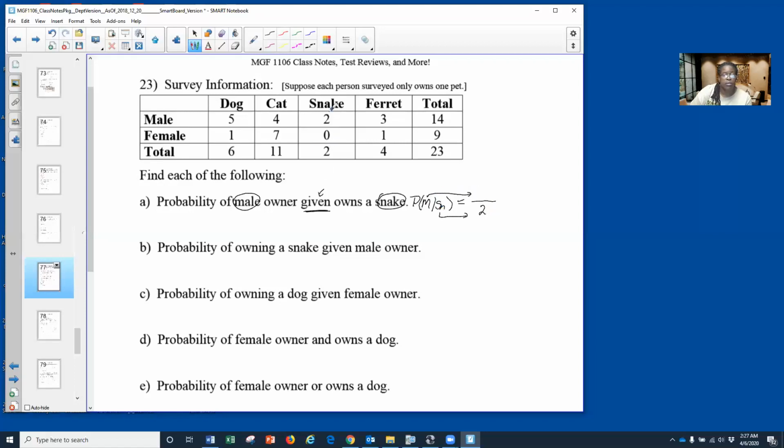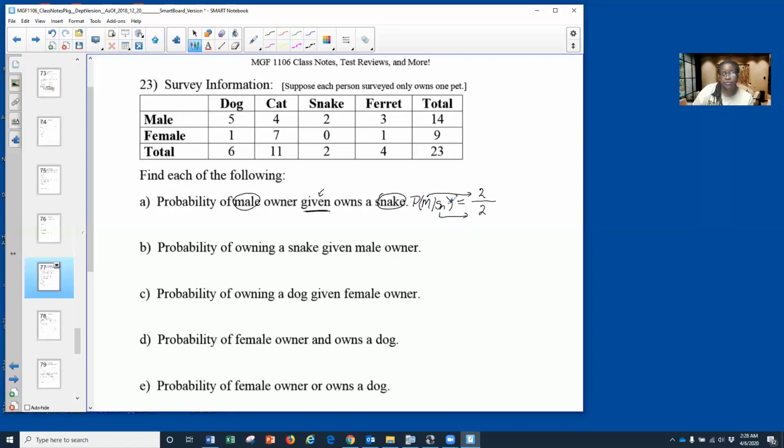Okay. Well, there's only 2 males that own snakes. Let me do it one more time. So the probability of a male owner, given that they own a snake, the male represents my numerator. The snake represents my denominator. So anything before given is the numerator. After the word given is the denominator.